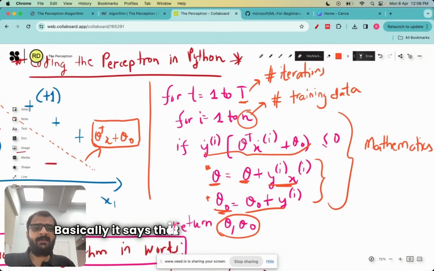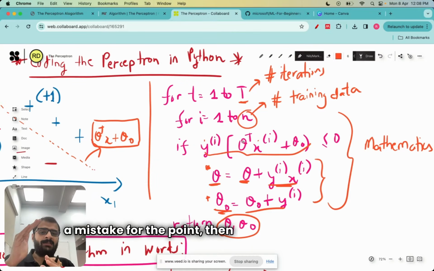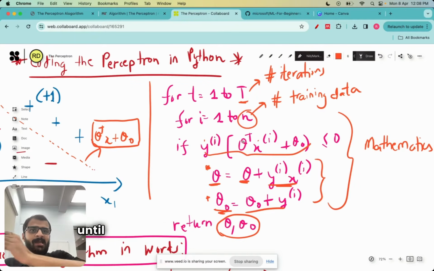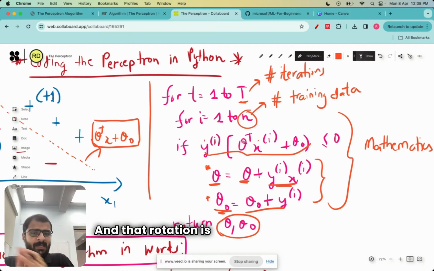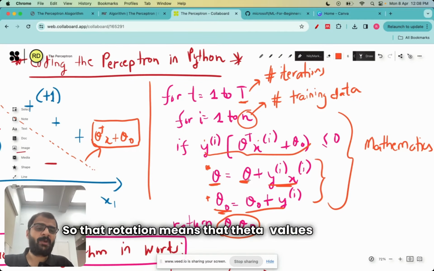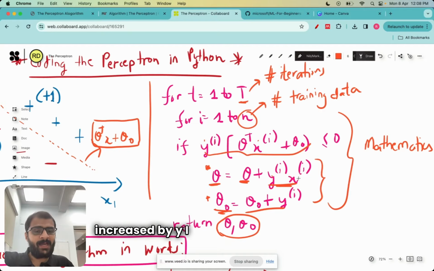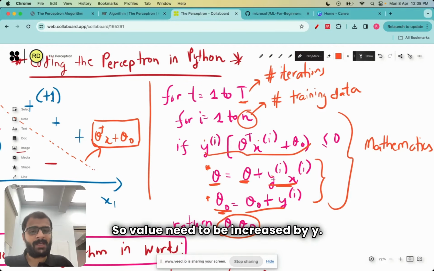Basically, if your current hypothesis makes a mistake for the point, then rotate that hypothesis until it gives a correct prediction for that point. And that rotation is given by this update. That rotation means that theta needs to be increased by yi times xi, and theta naught needs to be increased by yi.